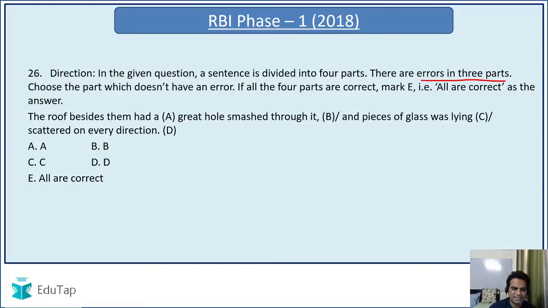The roof besides them had a great hole smashed through it, and pieces of glass was lying scattered on every direction. Yes, guys. So you have to find the grammatically correct part in this, not the grammatically wrong part. The roof besides them. Besides means along with.